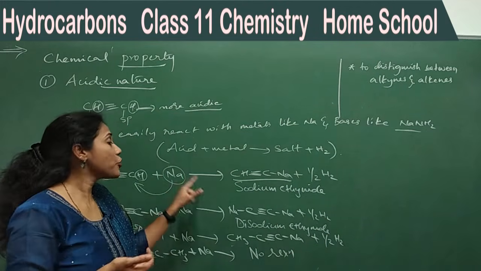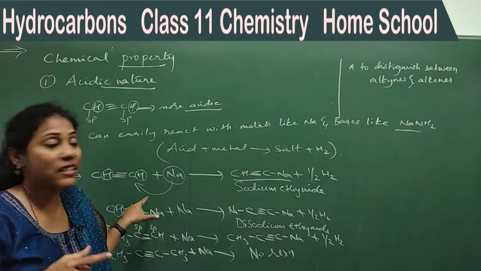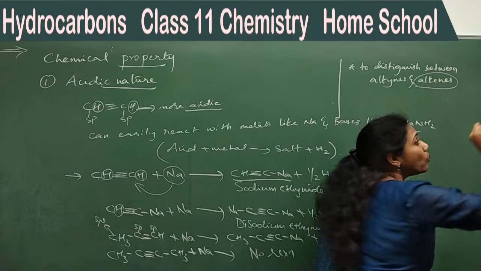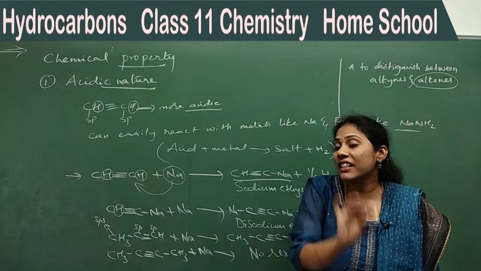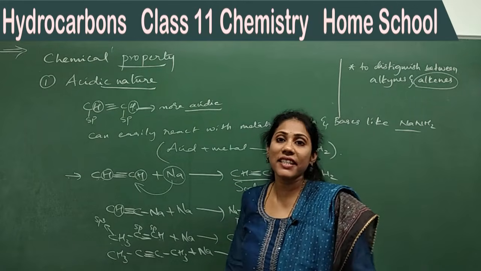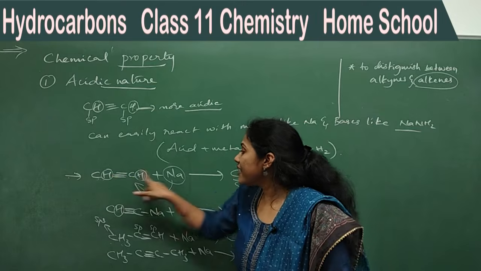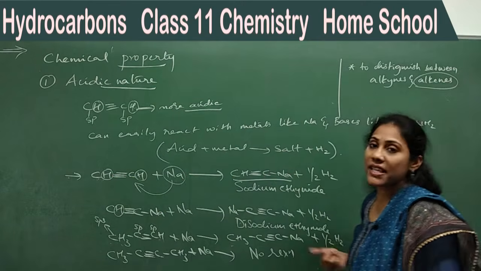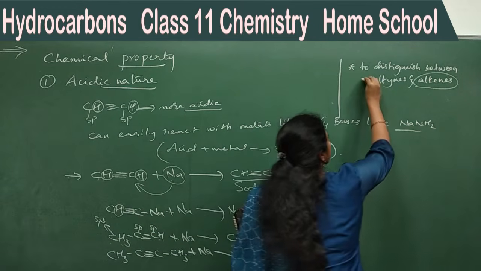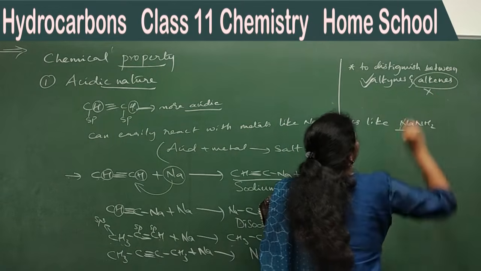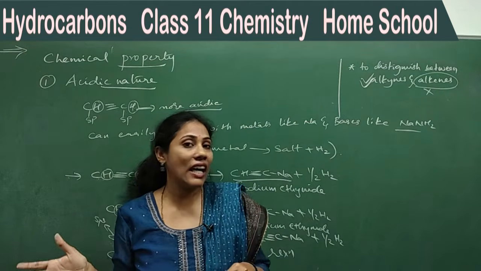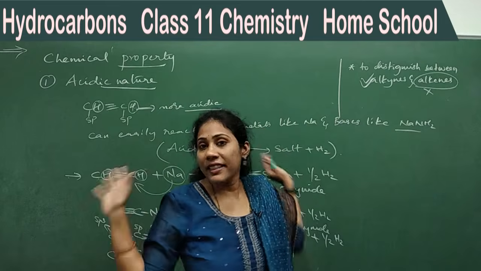This reaction is shown only by alkynes but not alkenes, isn't it? Because whatever hydrogens you have in alkenes, they are not acidic. Only alkyne hydrogens are acidic, right? Since they are acidic, they react with sodium to give salts. So these reactions are very specific only for alkynes but not for alkenes. So if you want to differentiate whether something is an alkyne or an alkene, you can always go for this reaction.